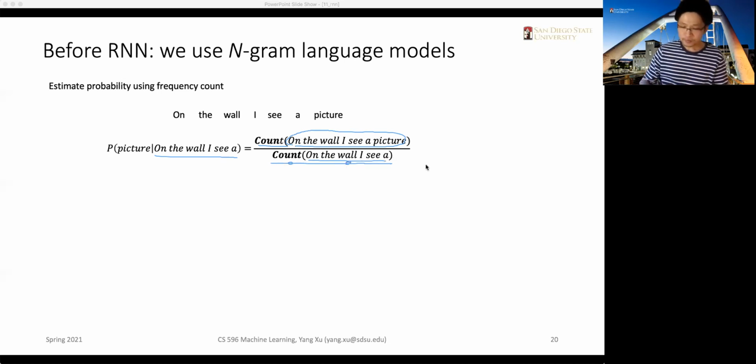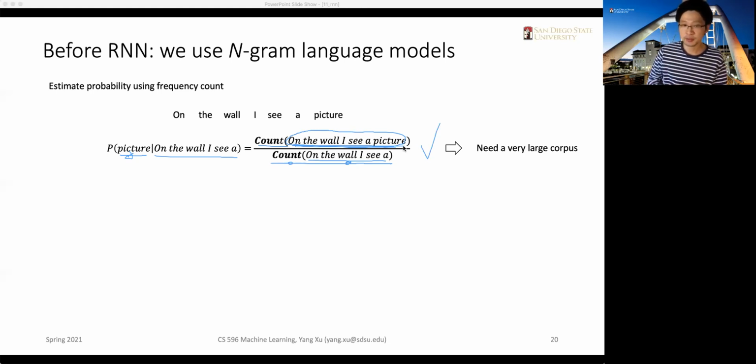Mathematically, it is well defined because that is the definition of conditional probability, the next event being picture given all the previous events, right? But the problem is that it is very hard to observe the complete phrase, like on the wall I see a picture, appear more than twice in a corpus, right?